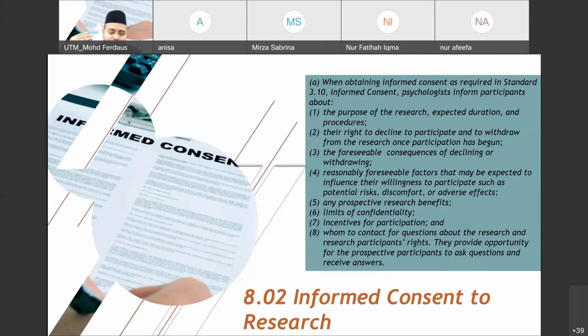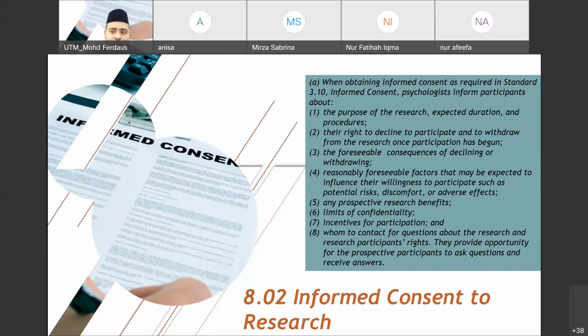Okay, so under the standard of informed consent to research, when obtaining informed consent as required in standard 3.10, which you learned before, psychologists inform participants about, one, the purpose of the research, expected duration, and procedures.